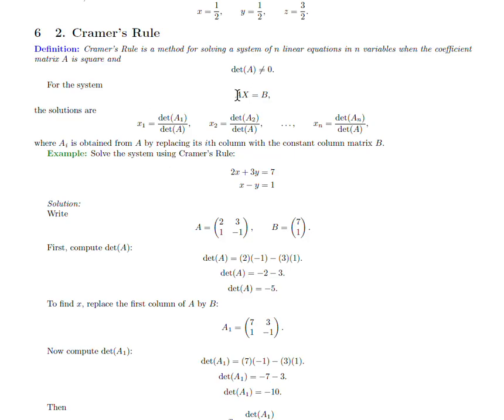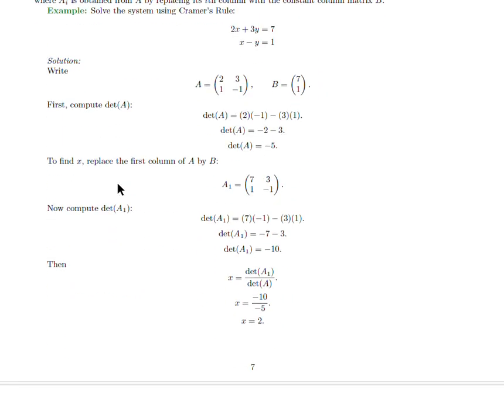Once we can transform our system to the Ax equals B format, then our first variable is gotten this way: determinant of A1 over determinant of A, second variable this way, third variable this way. So what's new here is all this determinant of A1, determinant of A2, which we'll see how to obtain. Let's go straight to the example for 3 by 3.